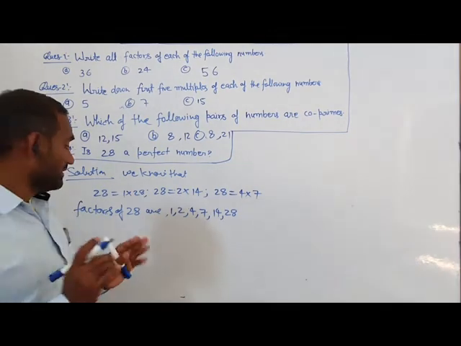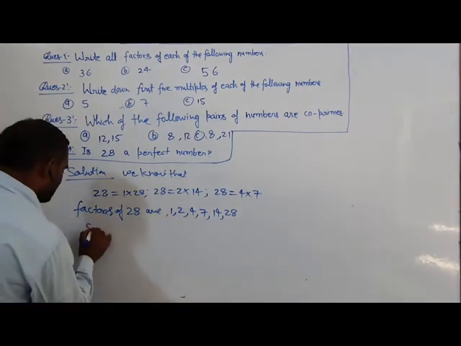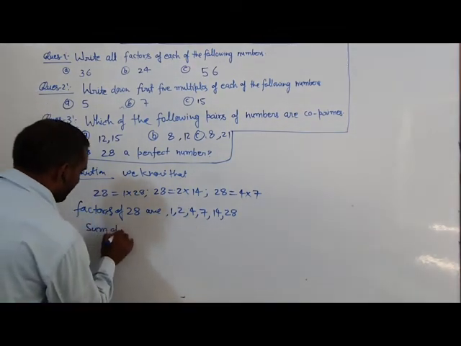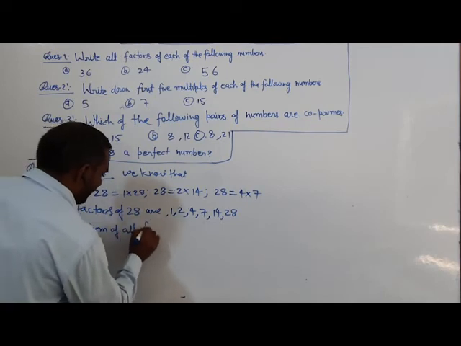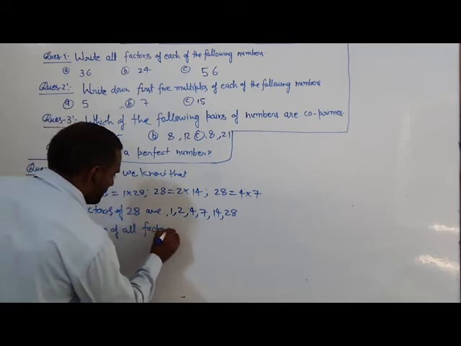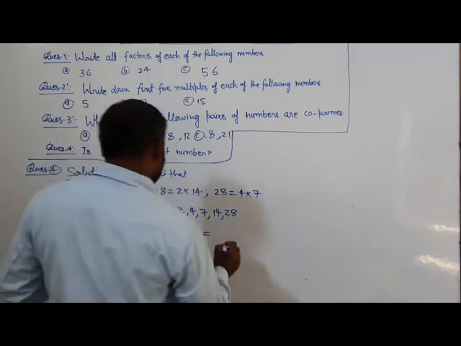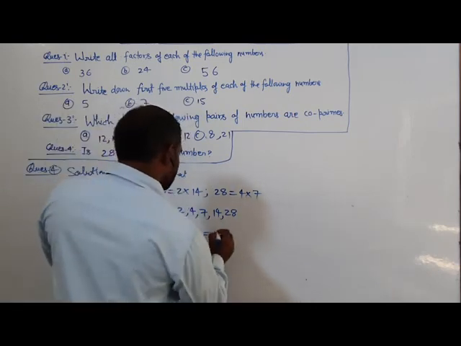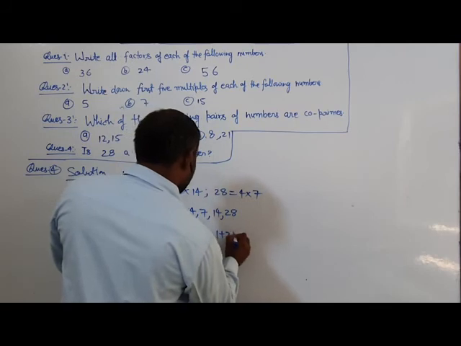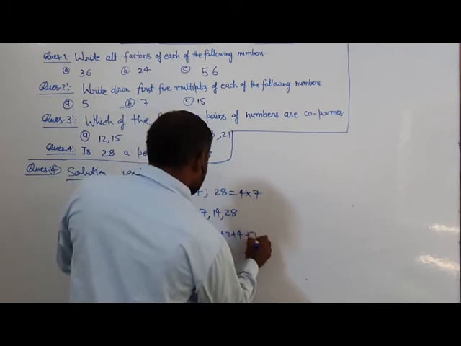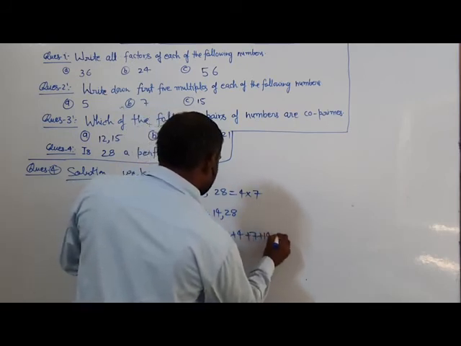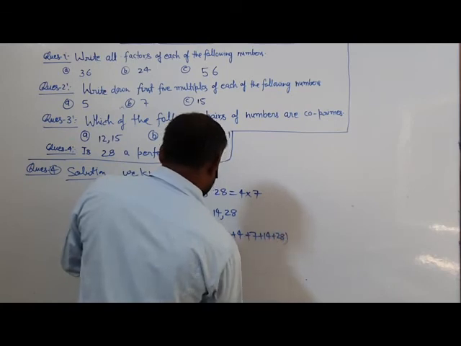Let's sum all factors. Sum of all factors of 28 is equal to, so let's add all the factors. 1 plus 2 plus 4 plus 7 plus 14 plus 28.